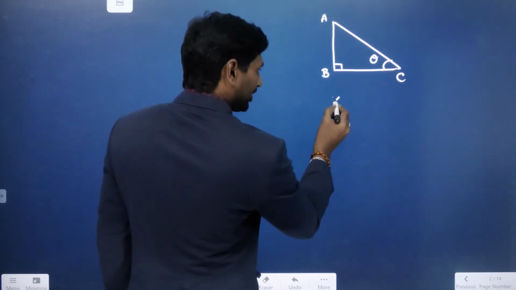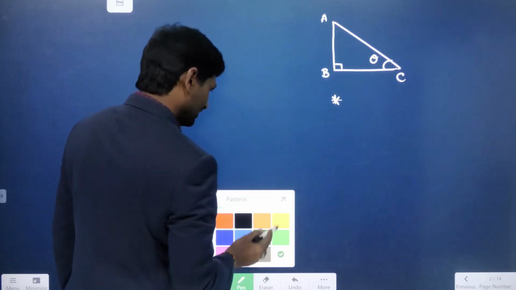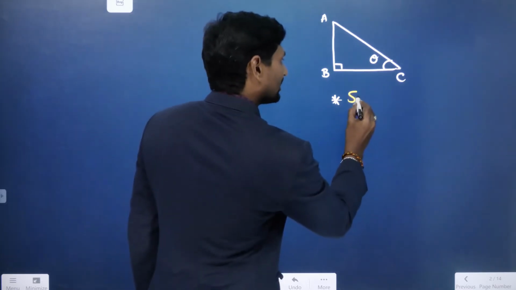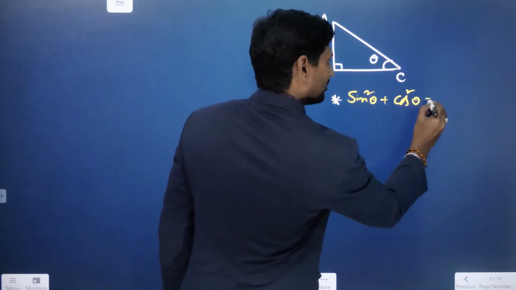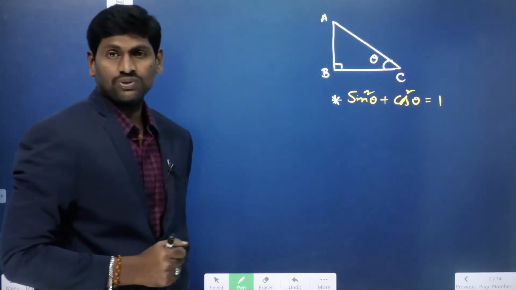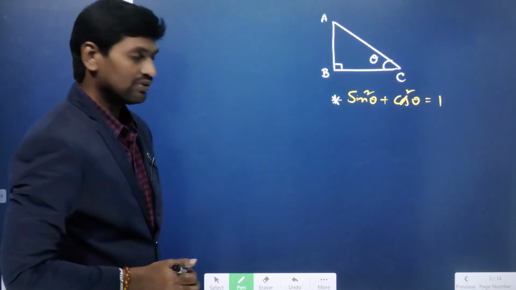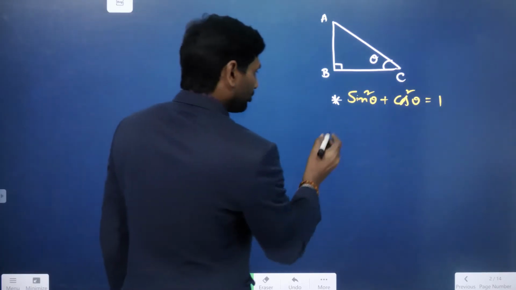Mainly we have three: sin square theta plus cos square theta equals 1. It is the first trigonometric identity.